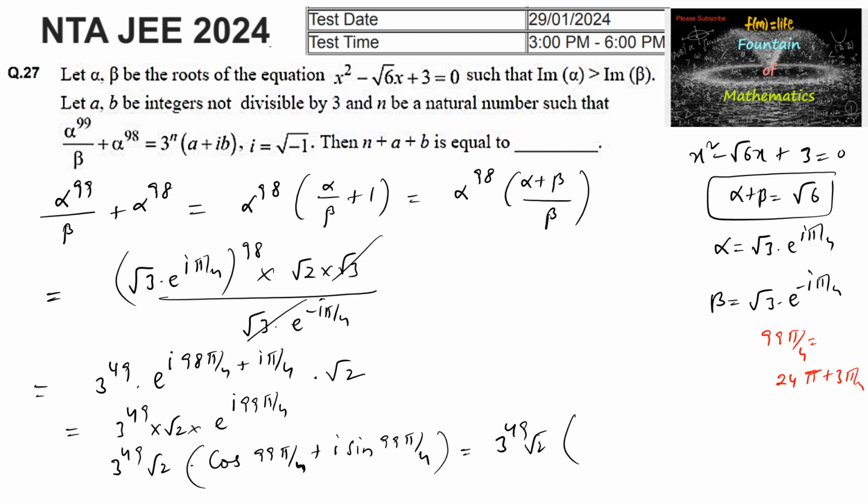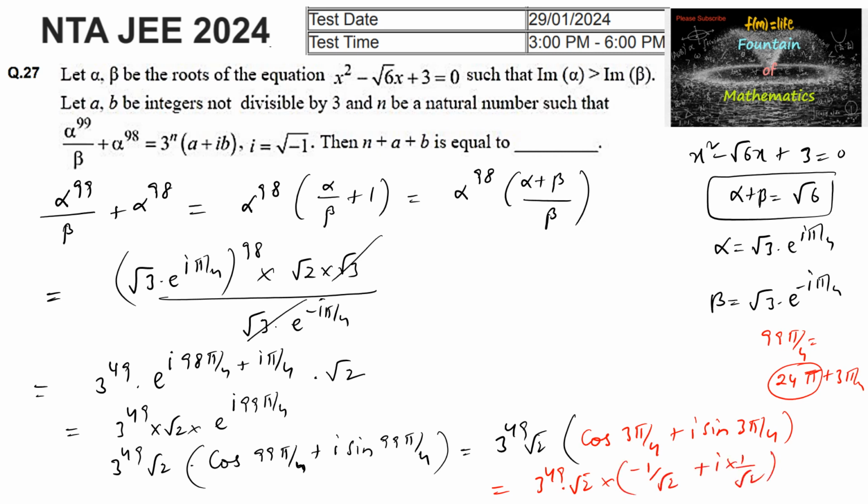So 24 means 12 complete rotations plus 3 pi by 4. So we can also write this as cos 3 pi by 4, and again i sine. Here also 24 means 12 complete rotations plus 3 pi by 4. So sine 3 pi by 4, which is equal to 3 power 49 times root 2 into cos 3 pi by 4 value is minus 1 by root 2 and plus i into 1 by root 2.